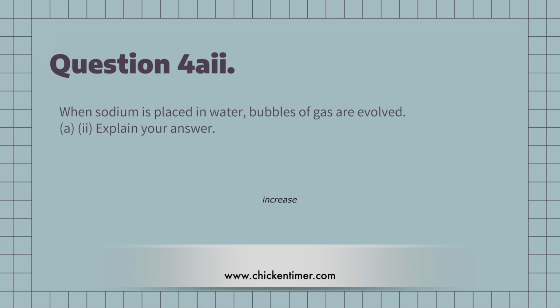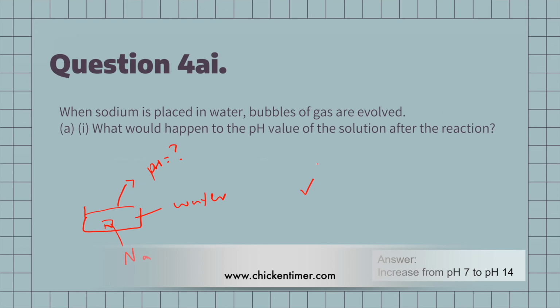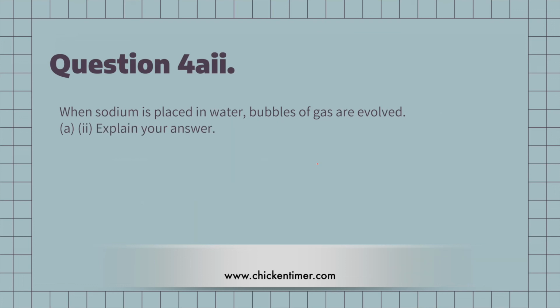Yeah, increase is correct. Then they ask you why. So this part 2, right? What happens to the pH value? You say increase. Okay. So then your next one is they'll expect you to explain why it is an increase.